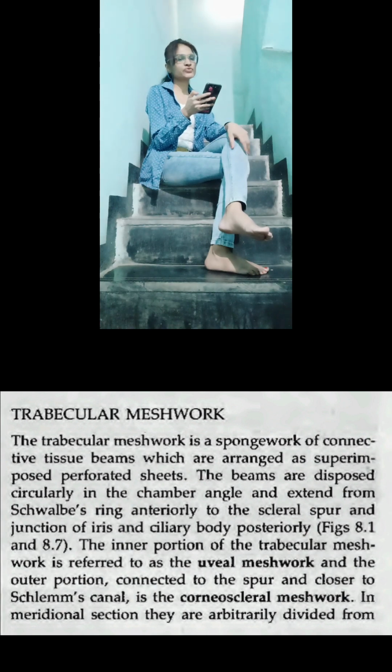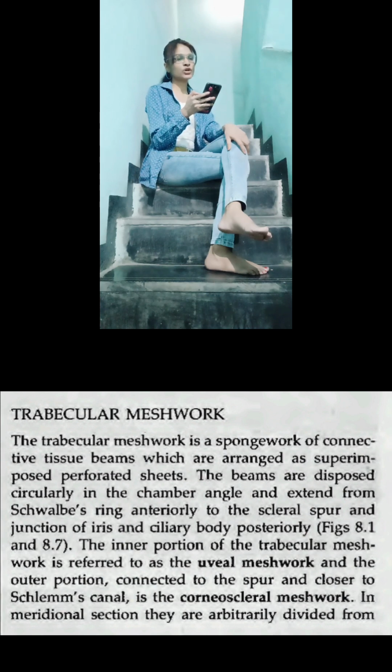The trabecular meshwork is a sponge work of connective tissue beams which are arranged as superimposed perforated sheets. The beams are disposed circularly in the chamber angle and extend from Schwalbe's ring anteriorly to the scleral spur and junction of iris and ciliary body posteriorly.